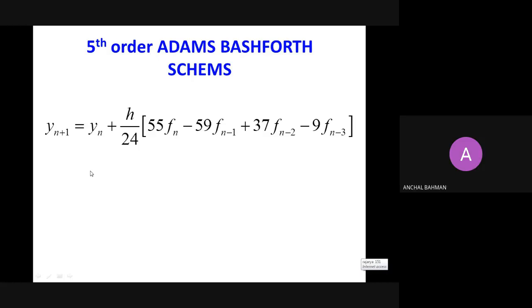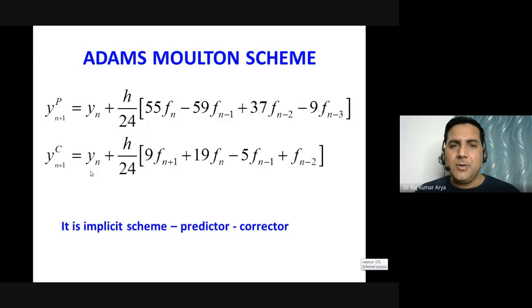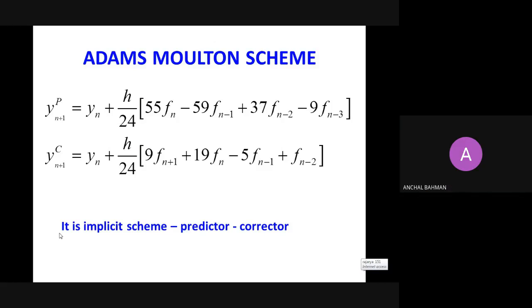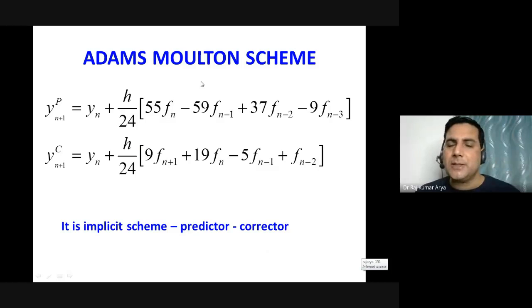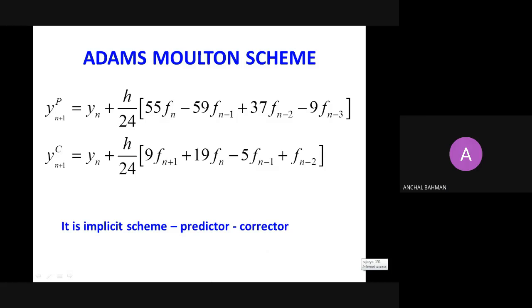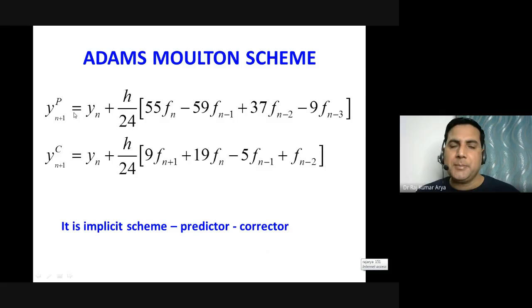Now one more scheme is the Adams-Moulton scheme. Here you have a predictor method, and this predictor would be calculated by this, and a corrector, which would be calculated by this.